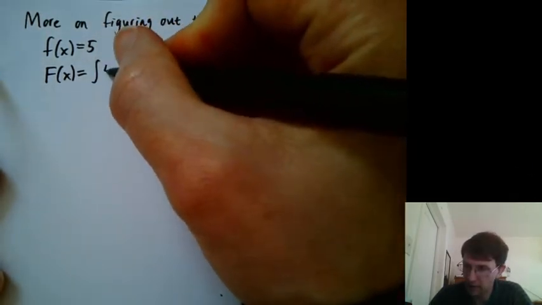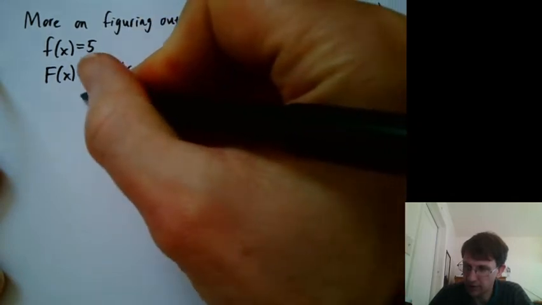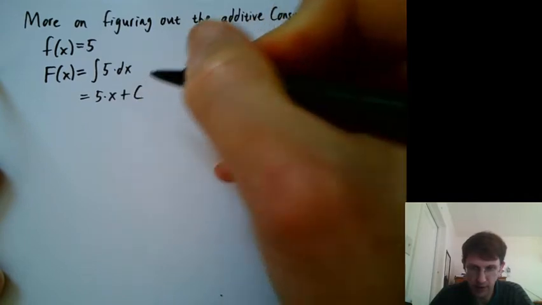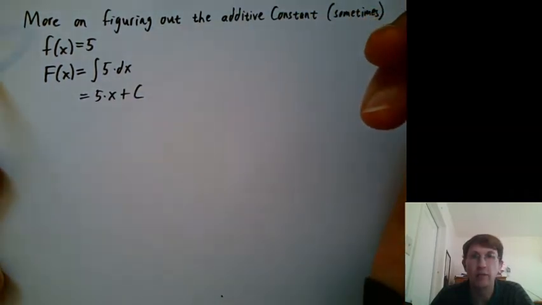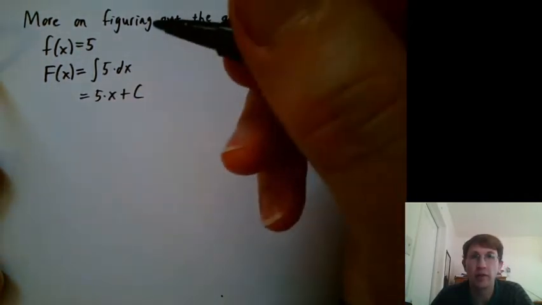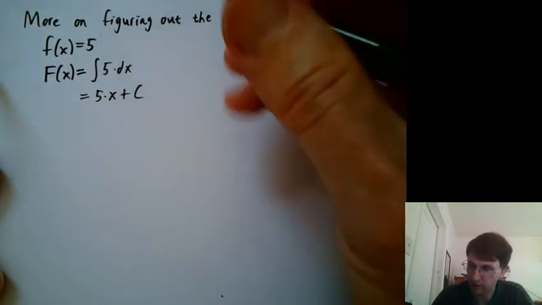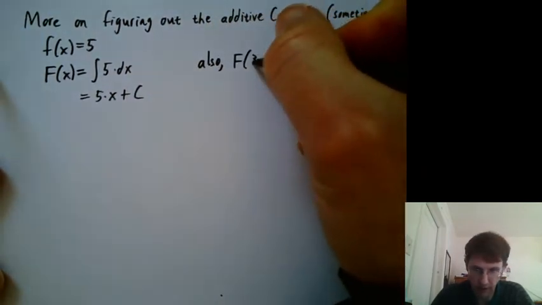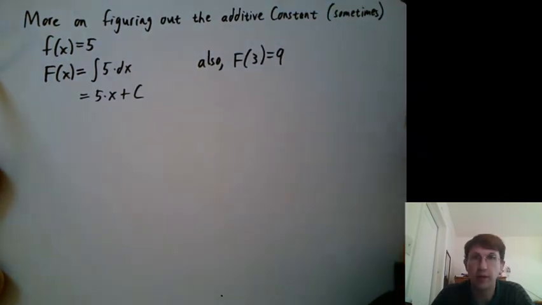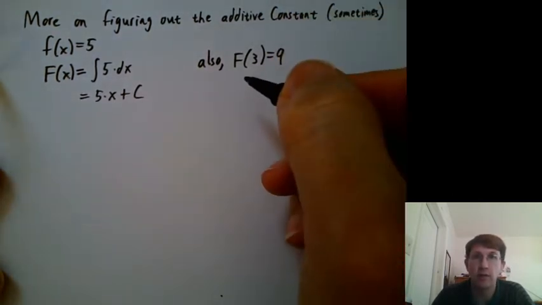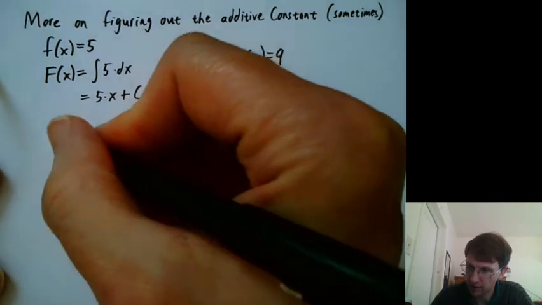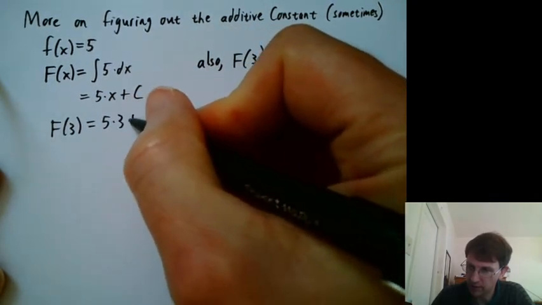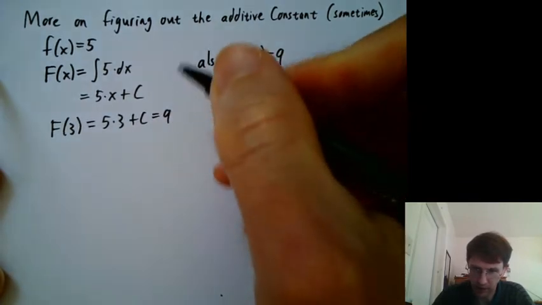Well, you could say it's the integral of 5 dx. Integral of 5 is 5 times x plus c. And then let's suppose we also know that a particular spot on big F, that big F of 3 is equal to 9. So what can we do with this? We can say big F of 3 is 5 times 3 plus c, which is equal to 9.